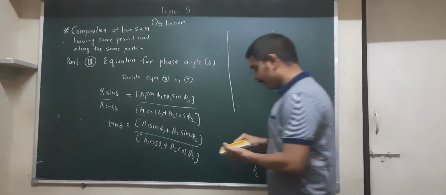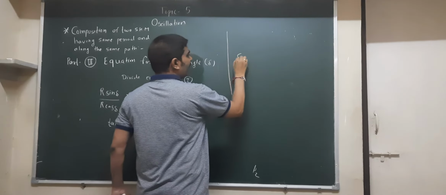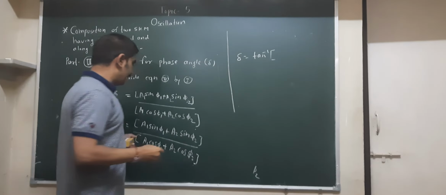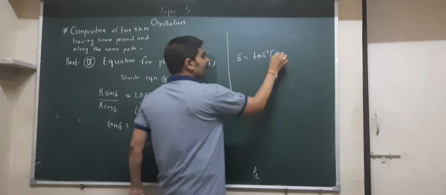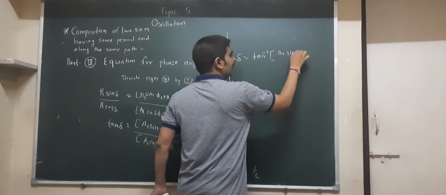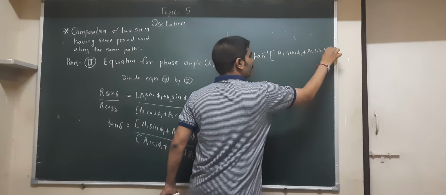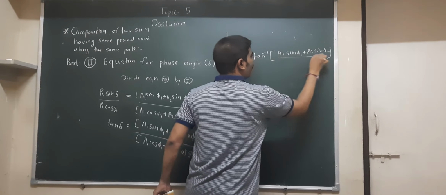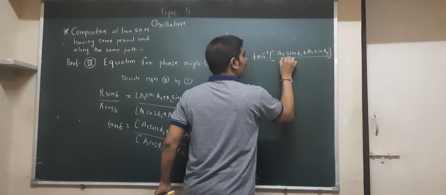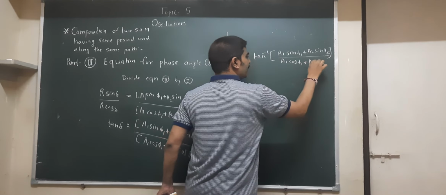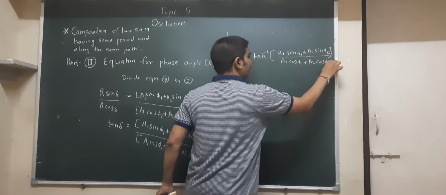So finally we can write the equation as delta is equal to tan inverse of (a1 sin phi 1 plus a2 sin phi 2) upon (a1 cos phi 1 plus a2 cos phi 2).